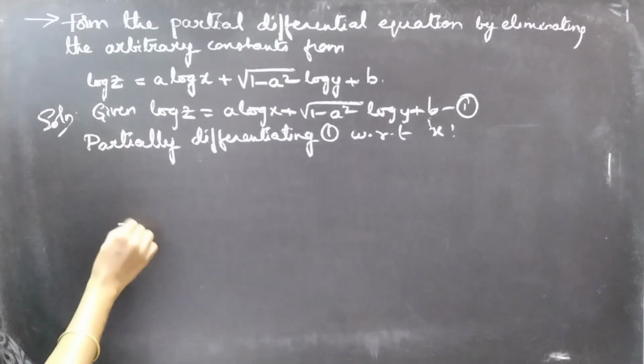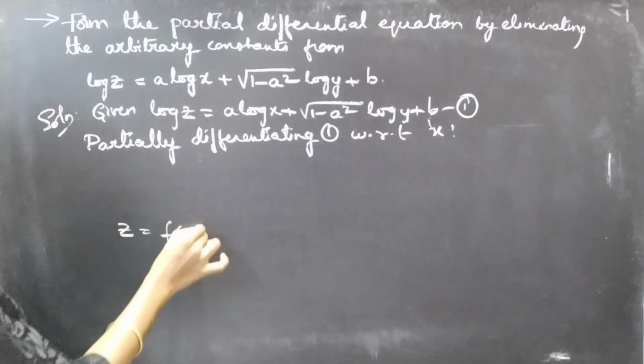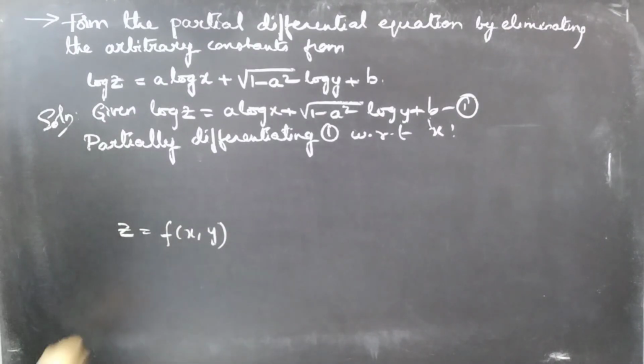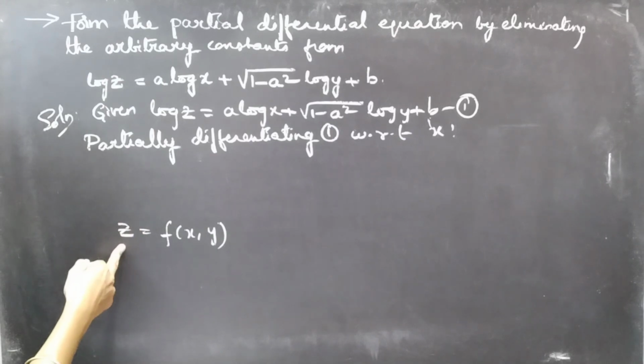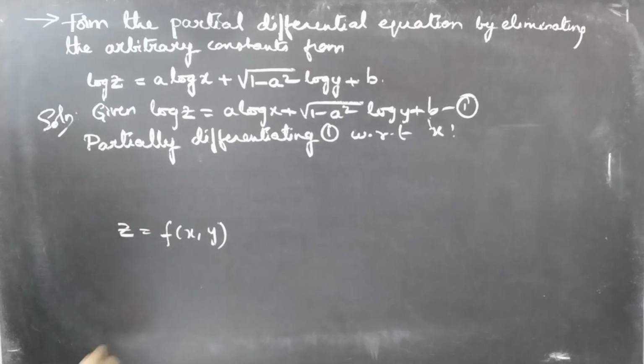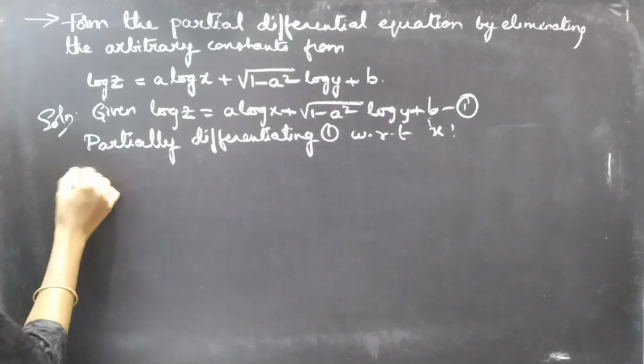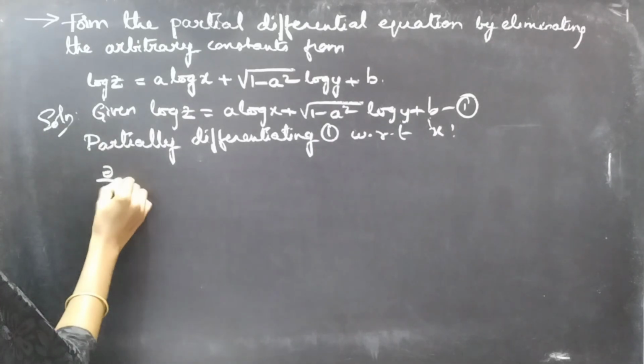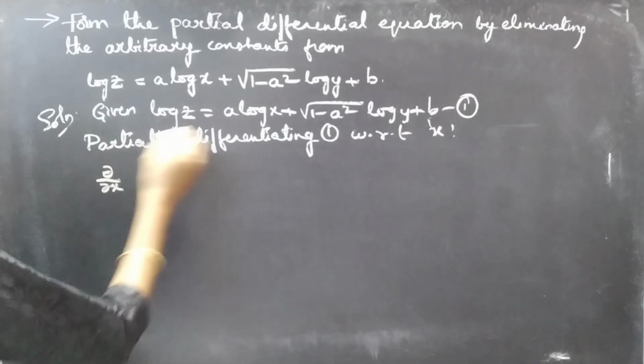See here, z is a function of x and y, where x and y are independent variables and z is considered as a dependent variable. a and b are arbitrary constants. Just apply dou by dou x on both sides of 1.